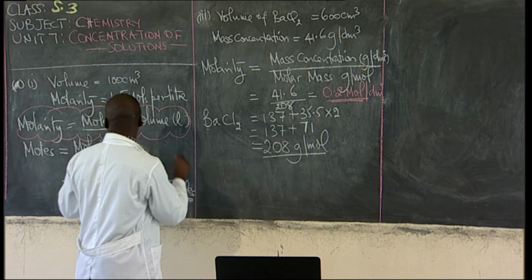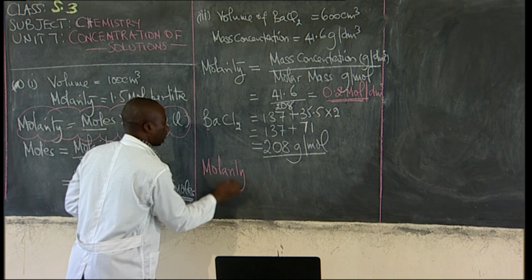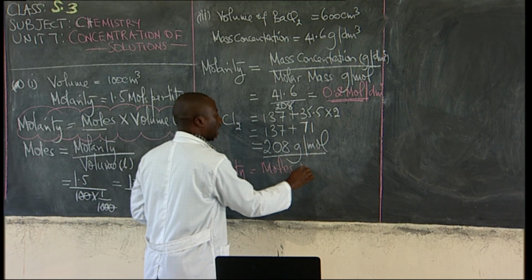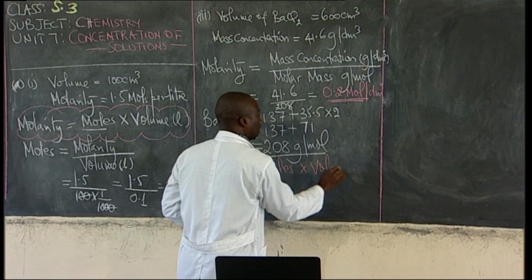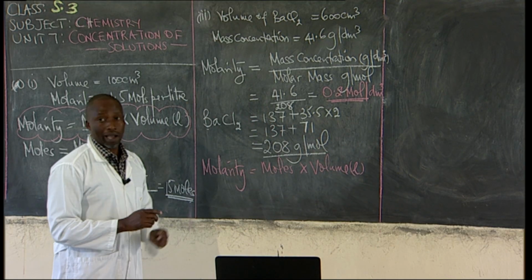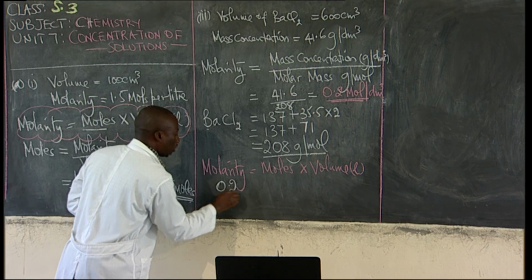Molarity again is equal to moles divided by volume. Remember, we are calculating the moles. Remember, when you are using the volume, it must be in liters. So molarity, you have 0.2.